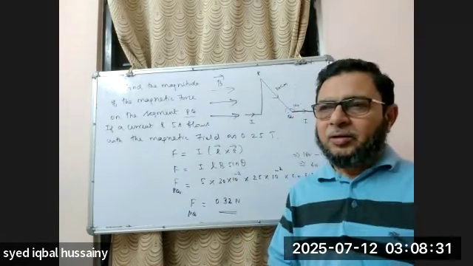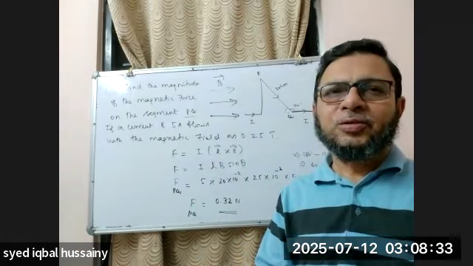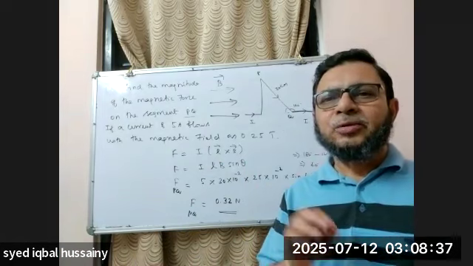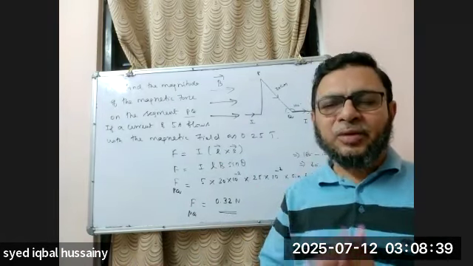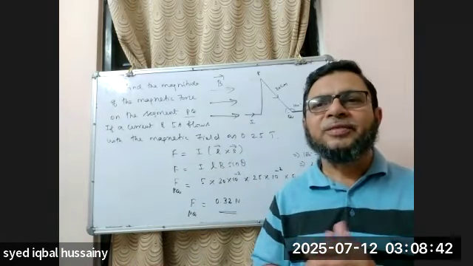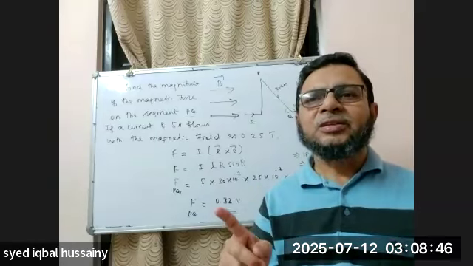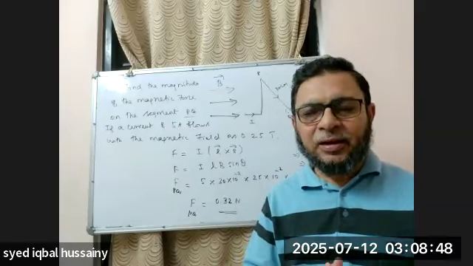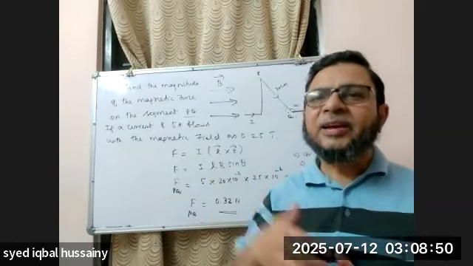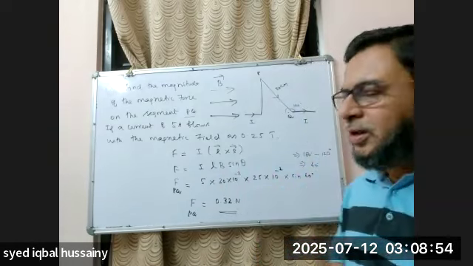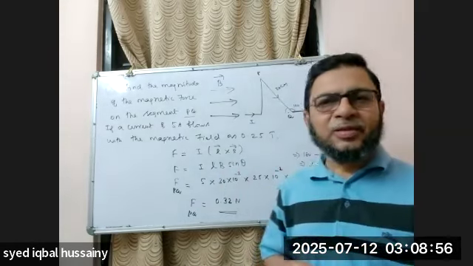If they ask you the magnetic force or force on a moving charge, F equal to B Q V sin theta. Force on a current carrying conductor, F equal to B I L sin theta, that is I L cross B. Please remember these two formulas very carefully.